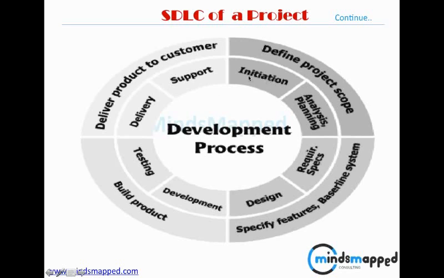So we talked about project initiation, analysis and planning of a project. Then comes the requirement specification and design. You will find the BA role being very, very strong in these four areas. Then comes the development, testing.